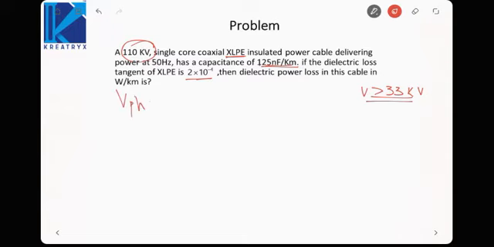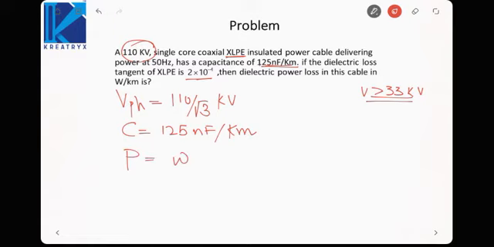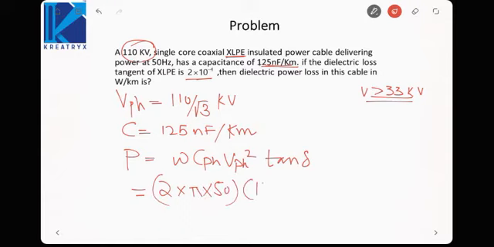So V phase will be 110 by root 3 kV. Now it is delivering power at 50 Hz. Capacitance is 125 nanofarad per kilometer. So dielectric power loss is omega C phase V phase square tan delta. So omega will be 2 into pi into 50. C phase is 125 into 10 raised power minus 9.